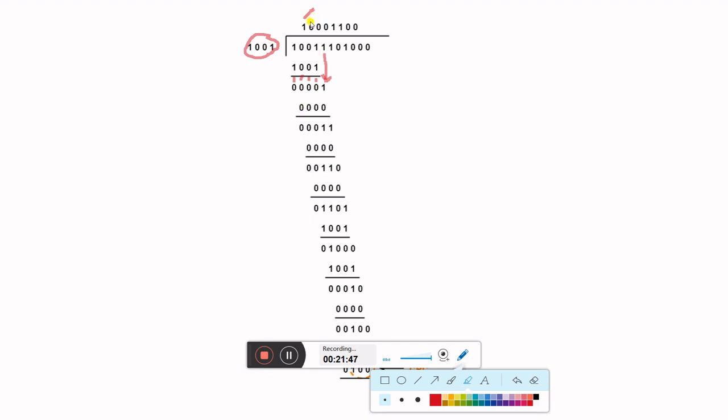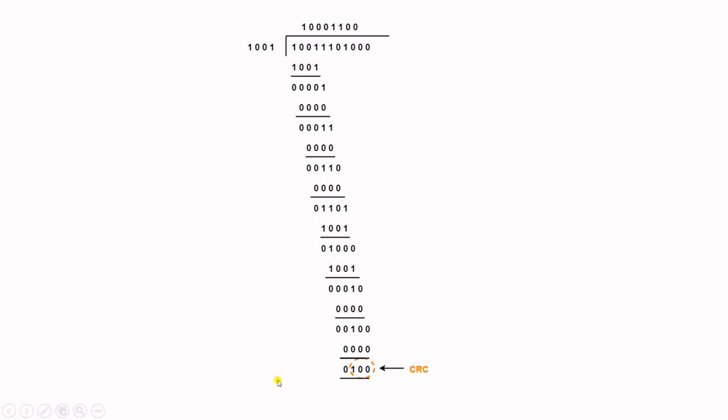Again 0, these 4 zeros are here, then 101 because of 2 different bits, and the same bits give 0. In this way we can find the remainder. Here in the remainder, this is 0100.